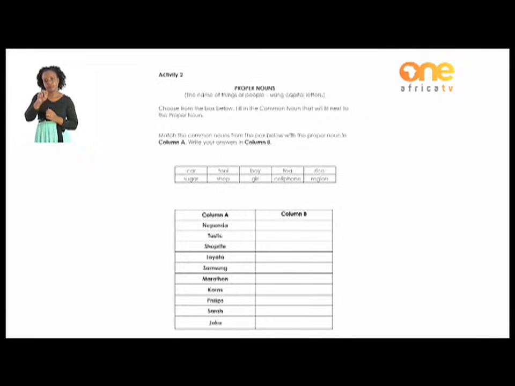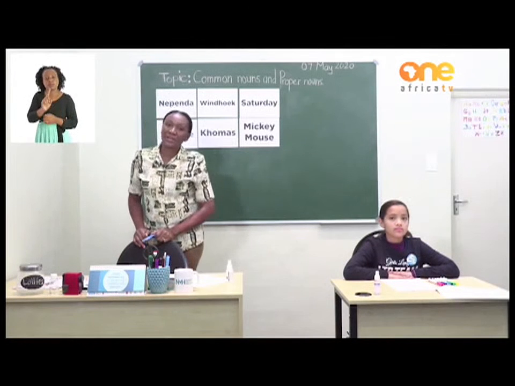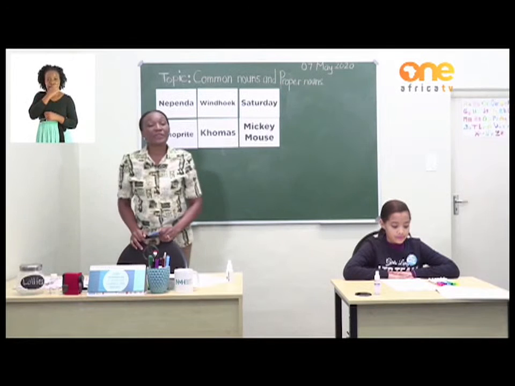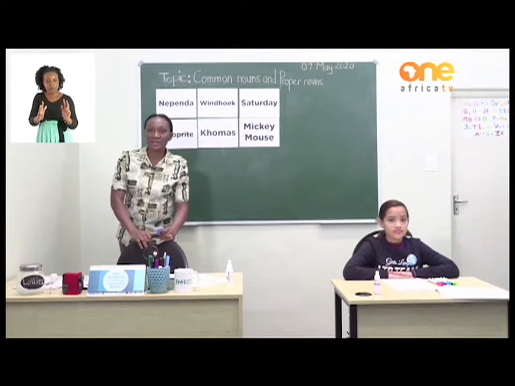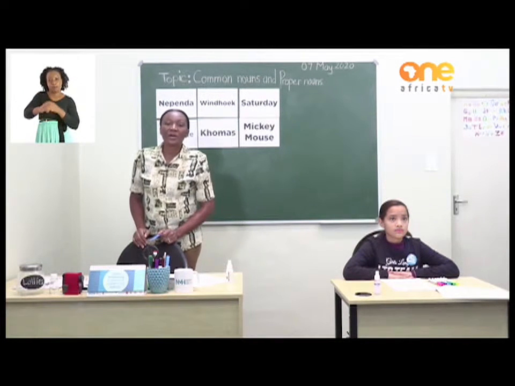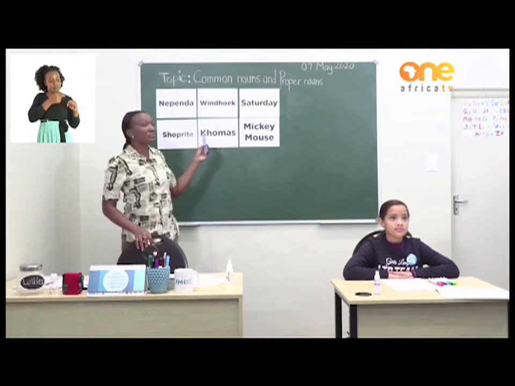Now, Chanel, what is a proper noun? A proper noun, these are names or specific names given to specific people, places, days of the week, and months of the year. I want you to look on the chalkboard.